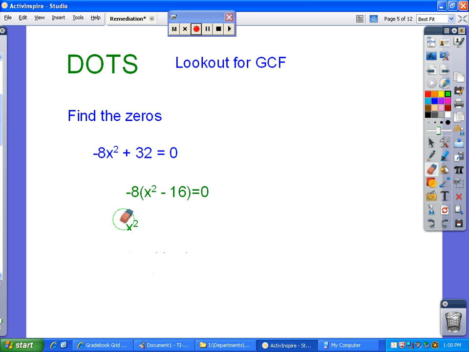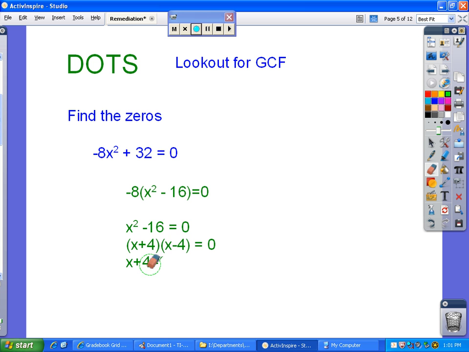So now because I have a GCF and I'm solving an equation, I can divide by 8. I'm going to end up with x squared minus 16 equal to 0. I'm only allowed to do this when I have an equation. So now let's factor x squared minus 16. It factors to x plus 4 and x minus 4 equals 0. Set each factor equal to 0.